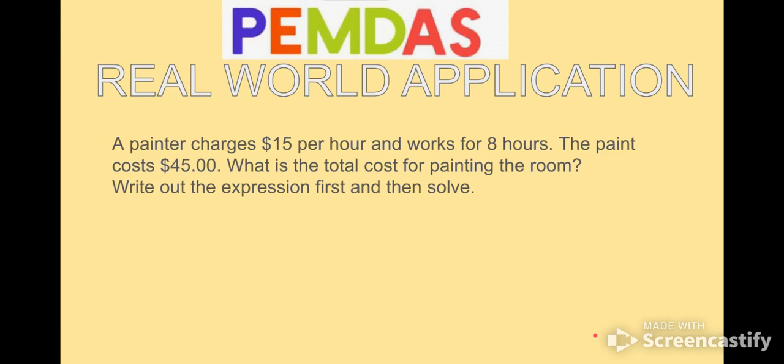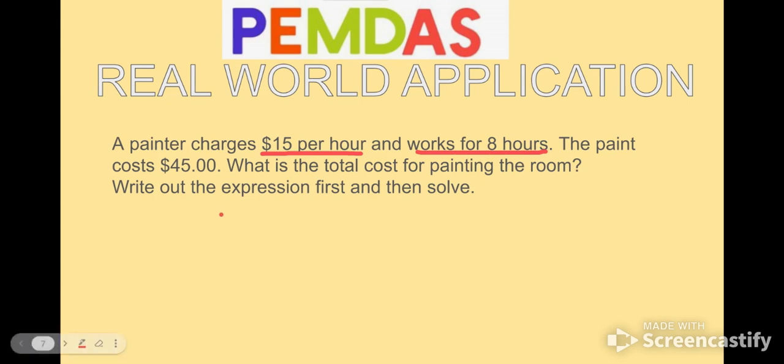Okay, so here's a real world application. A painter charges $15 per hour and works for 8 hours. The paint costs $45. Right, what's the total cost for painting the room? Write out the expression first and then solve. So we know the painter charges $15 per hour and works for 8 hours.